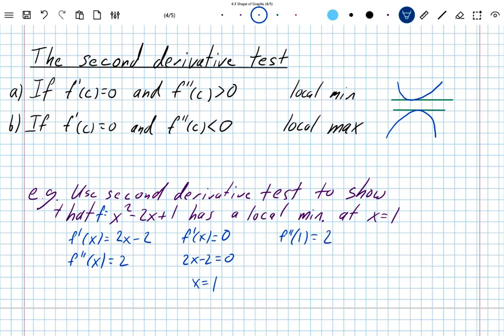Well, it's 2. Second derivative is always 2 in this case. That's pretty nice. This is definitely bigger than 0. So by my second derivative test, I know that f has a local min at x equals 1.